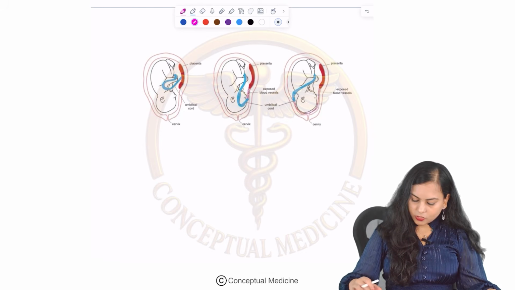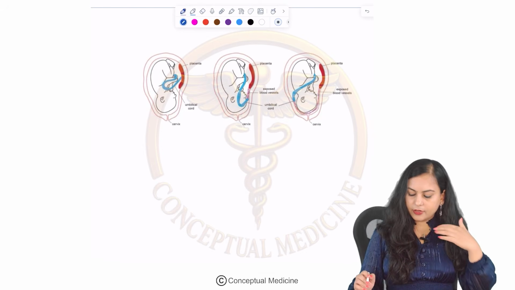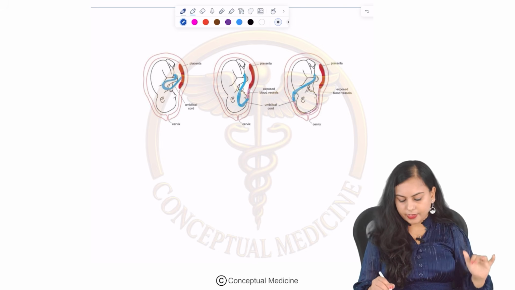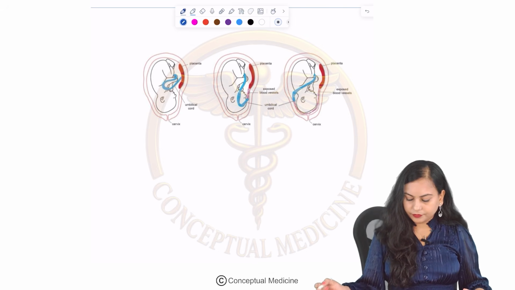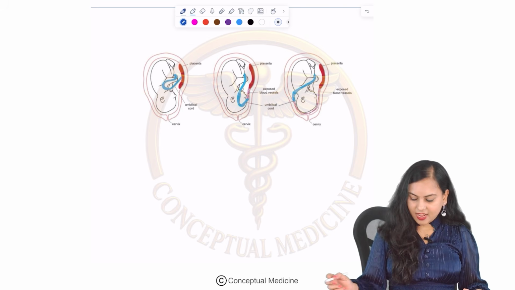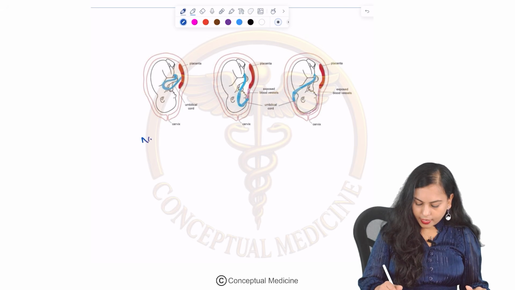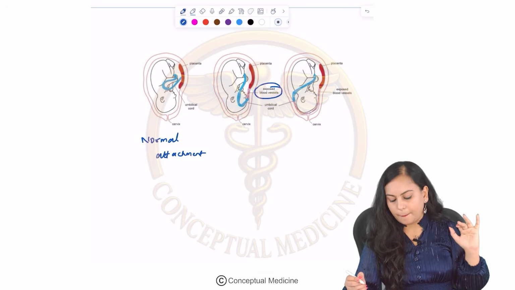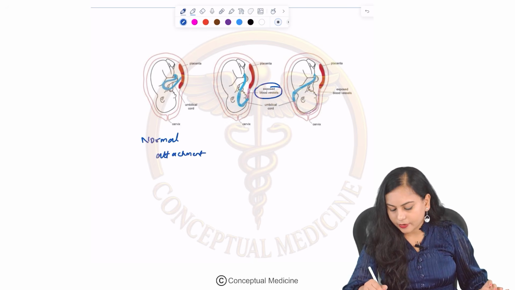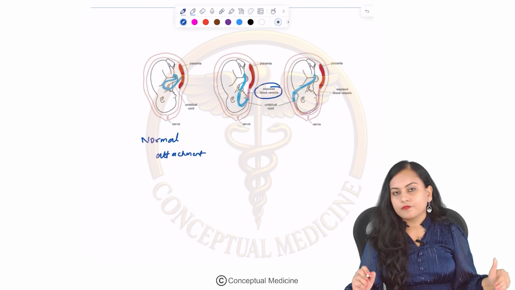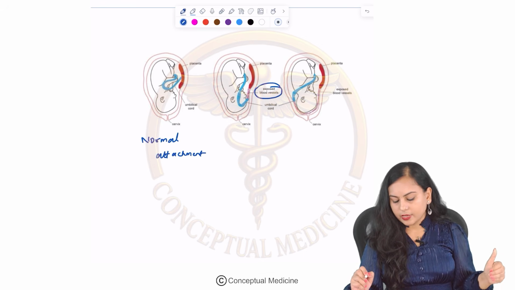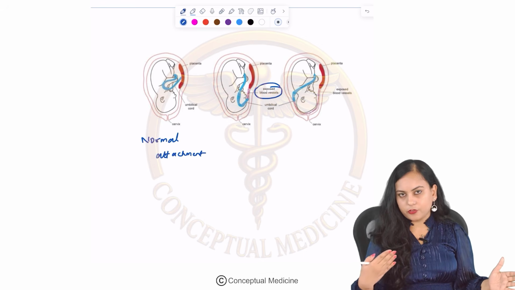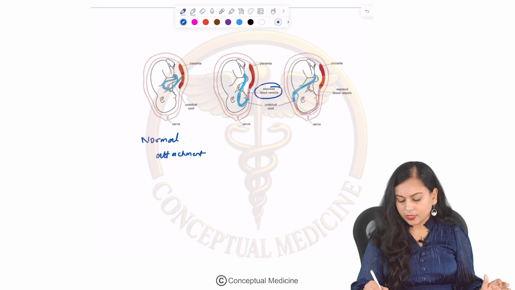Now, let us talk about these three figures. What do you have here and here and here? Yes. See, this is the normal attachment of the umbilical cord. Here you are able to see exposed blood vessels, but remember the fetal head only is lying near the lower segment, right? When you imagine if you are doing a PV, you will be touching the fetal head alone.